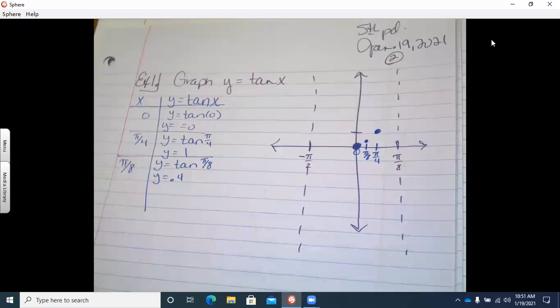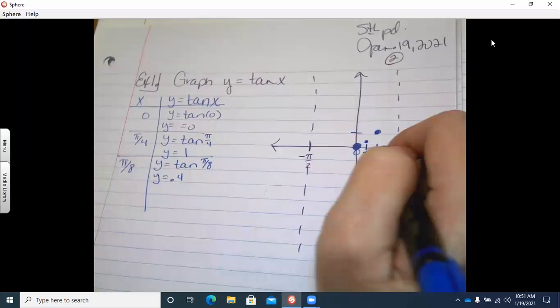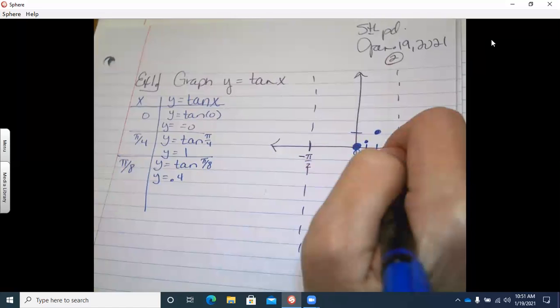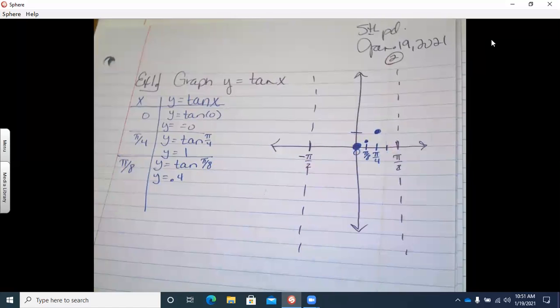All right, well, let's find an x value between pi fourths and pi halves. Halfway in between that. So that would be 3/4 of pi halves. So wouldn't that be 3 pi over 8, right?